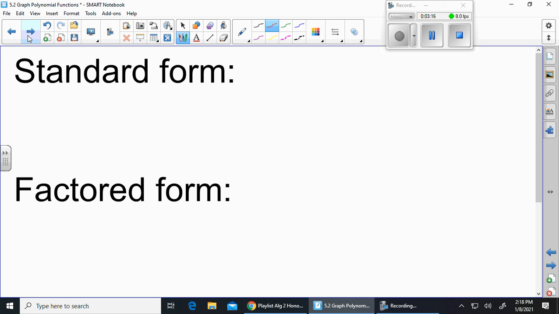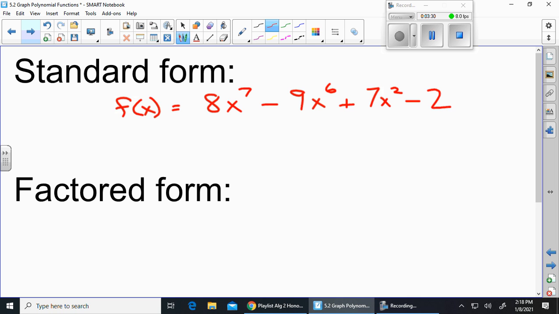Okay, so standard form of a polynomial would be something like f of x equals 8x to the 7th minus 9x to the 6th plus 7x squared minus 2. I could not ask you to graph that. Only thing I could ask you to do is tell me the end behavior.